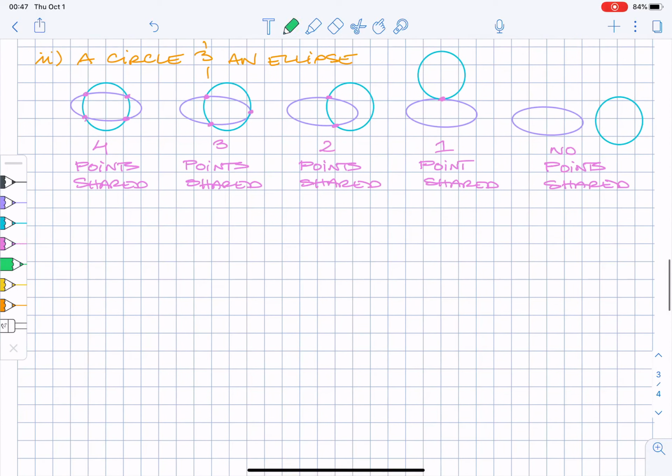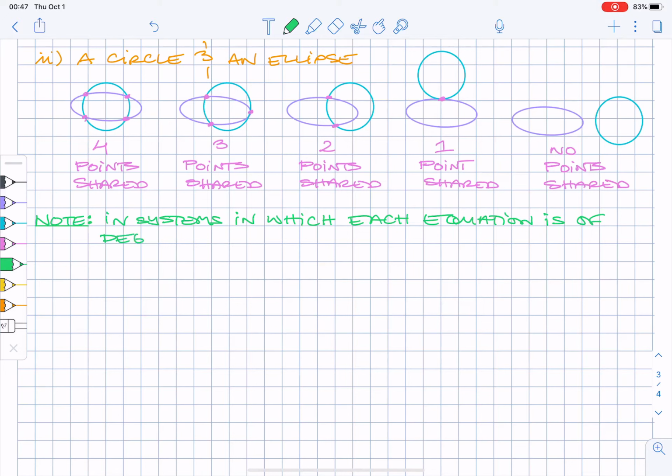Okay, so note in systems in which each equation is of degree 2, we can solve by elimination.